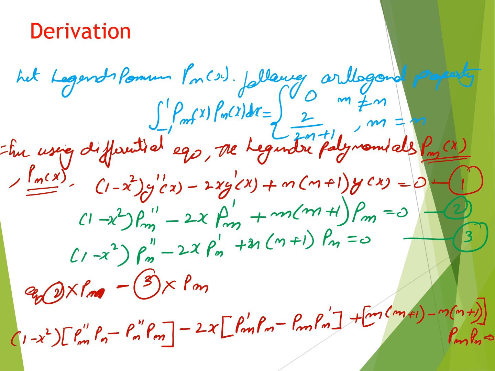Now, if we combine the first two terms, we get a differential form: the first two terms are equal to d/dx of (1 - x^2)(Pm' Pn - Pm Pn').